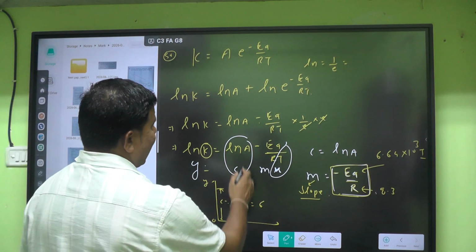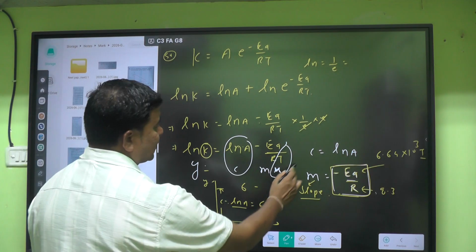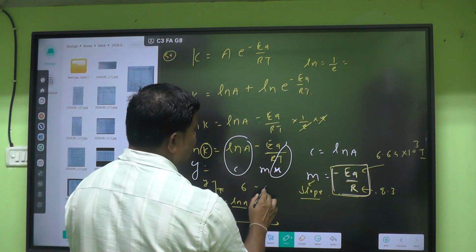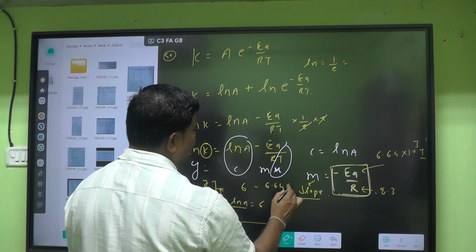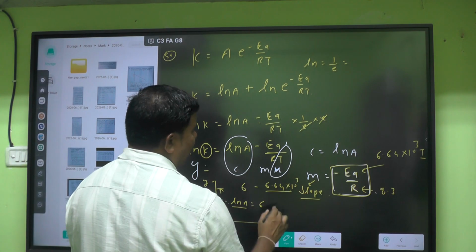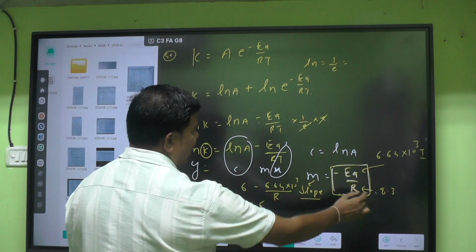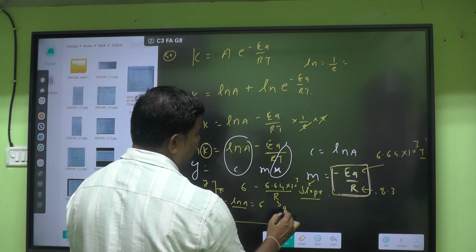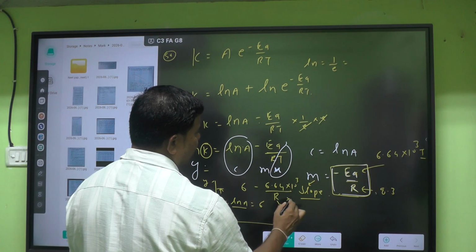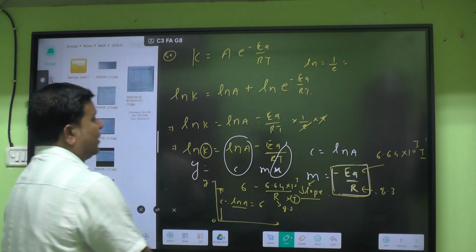So remember here, ln A is given as 6. Minus 6.64 into 10 to the power 3, divided by R into T, where R is 8.31. So now we put 8.3 into temperature. What temperature is given?